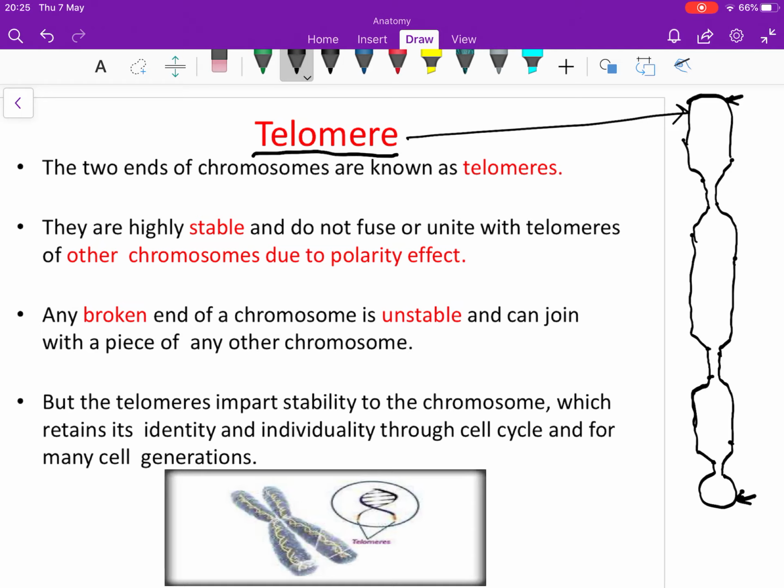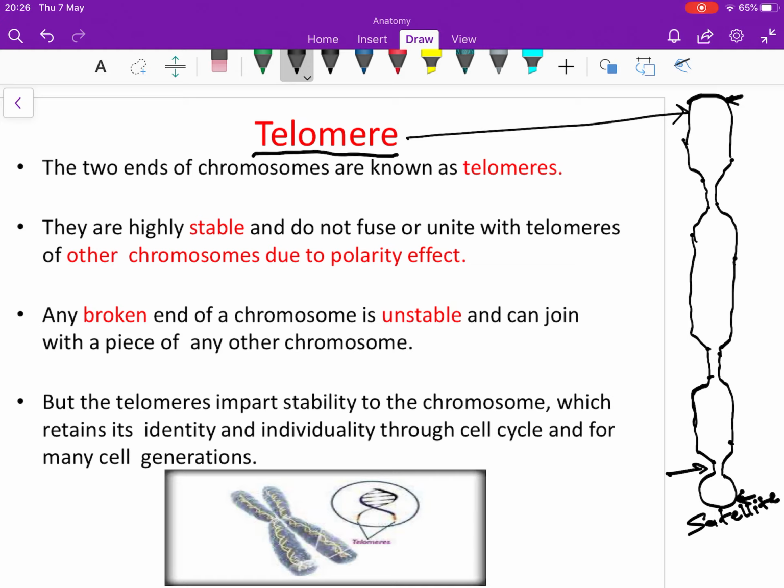Now, the telomere which is present at the distal end of the secondary constriction, this region is known as satellite. So this is the satellite region. Actually, this satellite is also a part of the telomere.